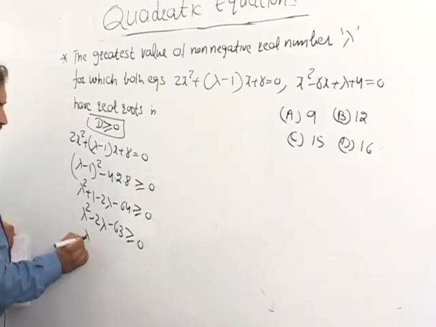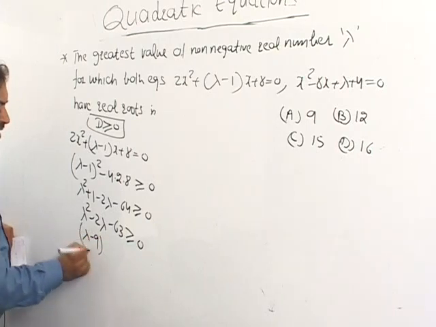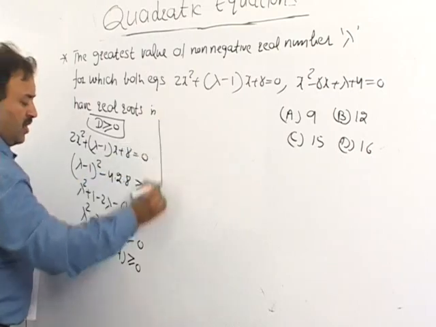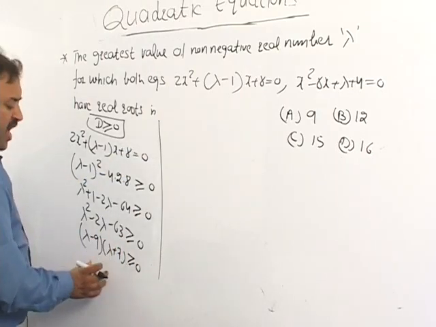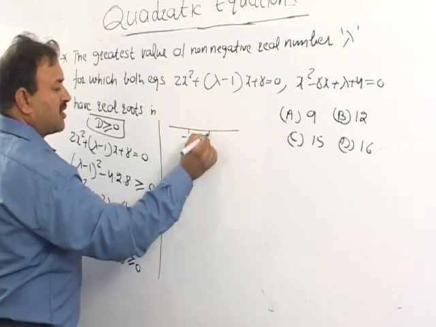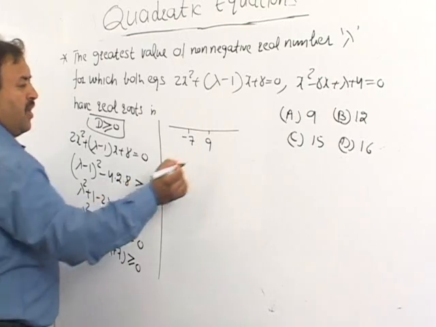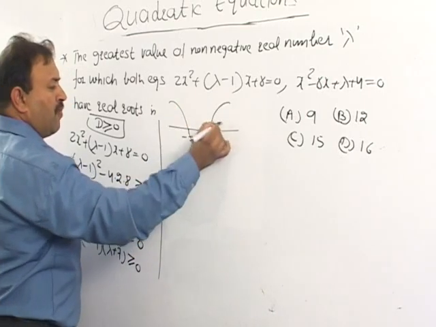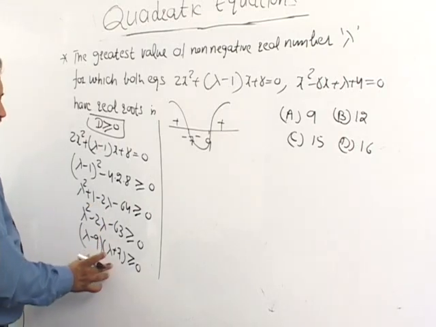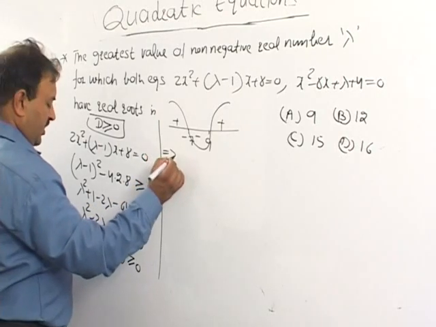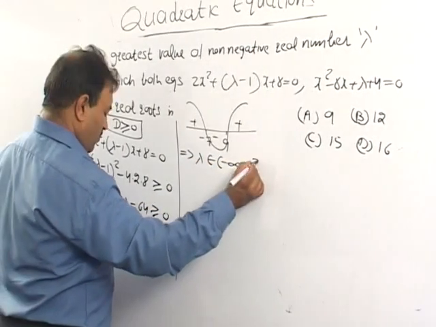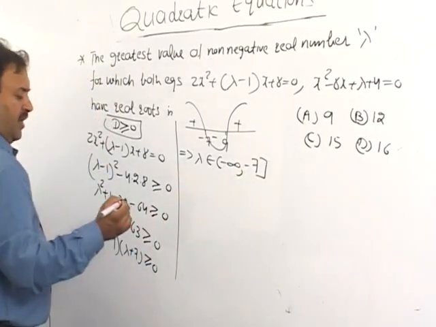We can say (lambda minus 9)(lambda plus 7) greater than equal to 0. Now we have to represent this on a number line. We write down minus 7 and 9, and we draw the wavy curve method: positive, negative, positive. We have to see where this expression is positive. This expression is positive when lambda is from minus infinity to minus 7, in closed bracket, union.